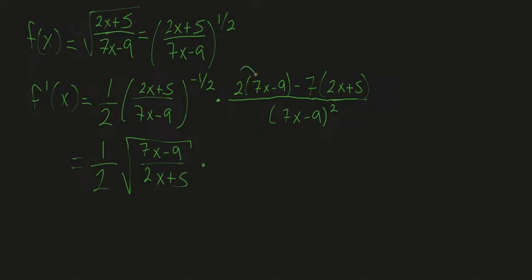Times, we can distribute the 2 and the negative 7. And we're going to get 14x minus 18 minus 14x minus 35 over (7x minus 9) squared.